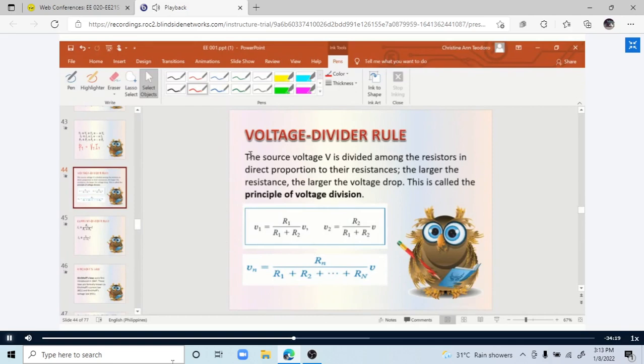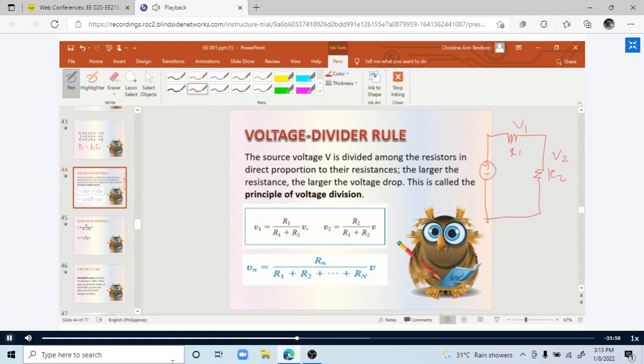Okay? So the formula for our voltage divider rule, if we have two resistors in series. So let's say for example, you have two resistors in series, so this is your R1 and this is your R2. Okay, so you are going to get your V1 and your V2.